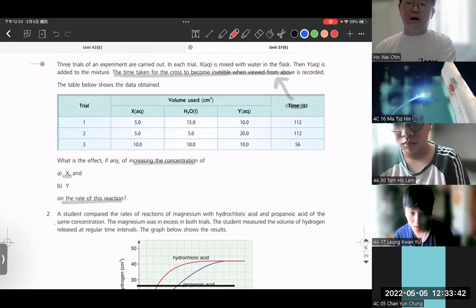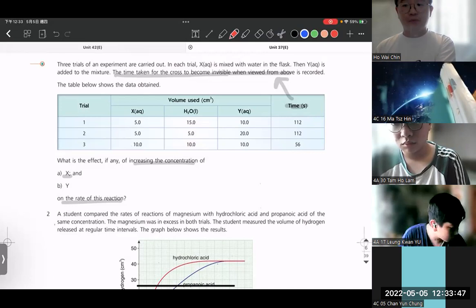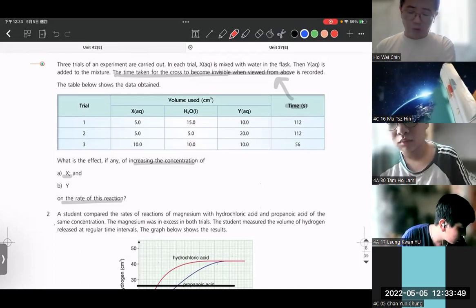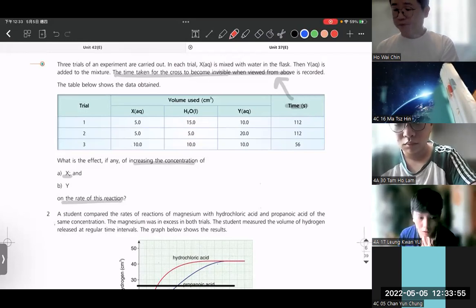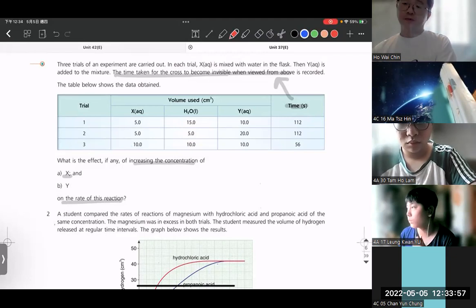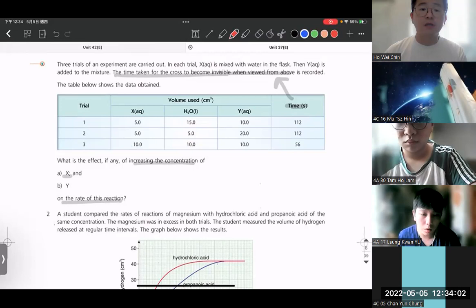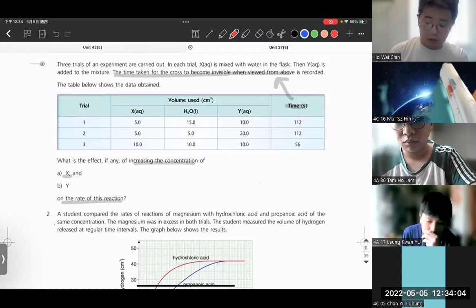For the B part, Y, you need to choose another set of data. Okay, you know what to do. So, A part. Anyone who can help? What data should be compared for the A part? Increasing the concentration of X.